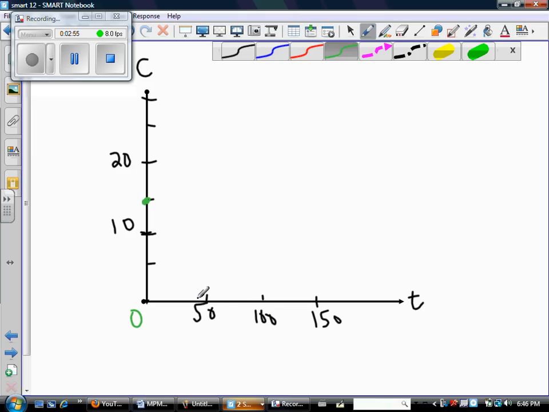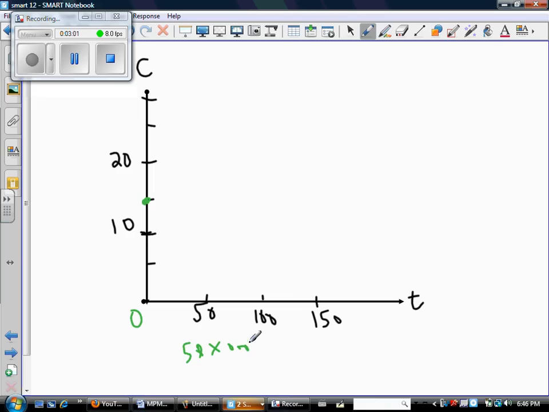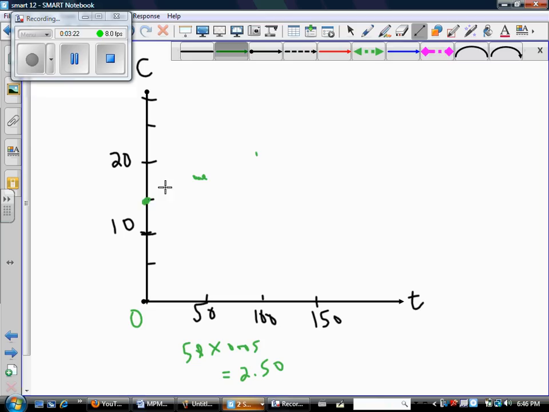If someone uses 50 minutes of phone time, 50 minutes at 5 cents a minute would be $2.50. So that's a total of 15 plus 2.50, so that would be $17.50 a month. And then 100 minutes, 100 times 5 cents, $5. $5 plus the $15, so that's 20. And you start to get an idea about what this graph looks like.